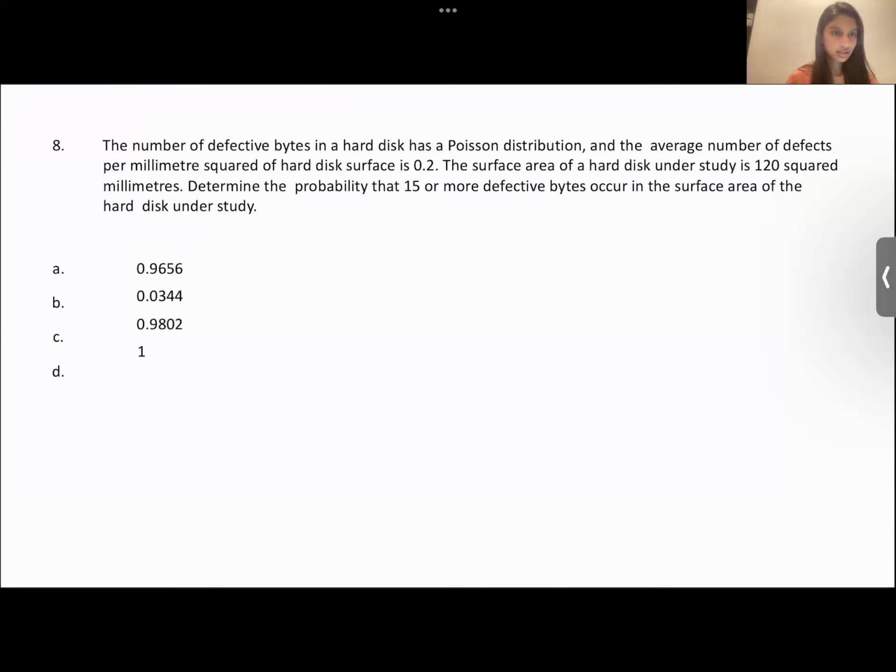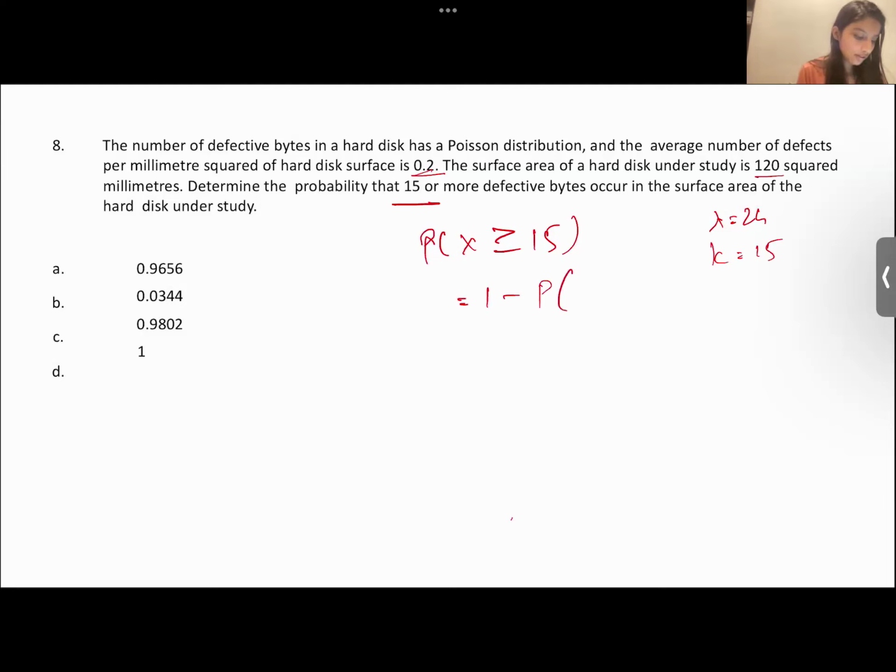Okay, coming back to this. The number of defective bytes, it's the same thing again. Your lambda is 24, which is 120 into 0.2, and your k is 15. So you need to determine the probability that X is greater than or equal to 15 defective bytes. We just saw in the previous question, X greater than or equal to 15 is equal to 1 minus P of X less than or equal to 14.